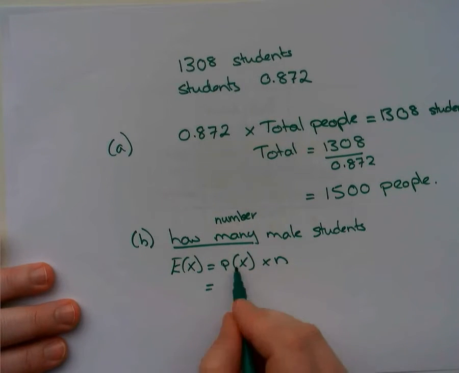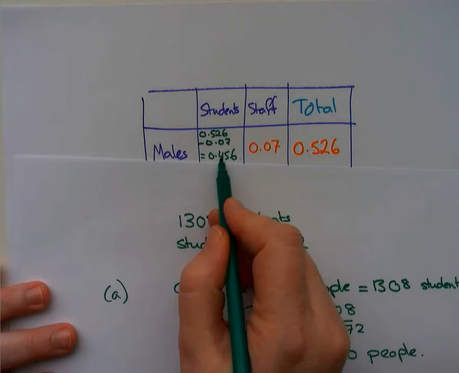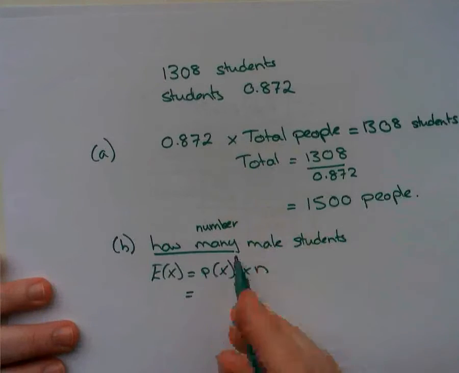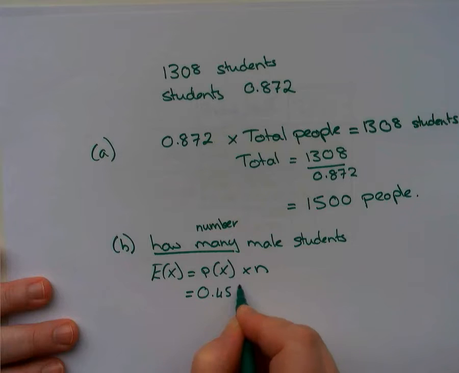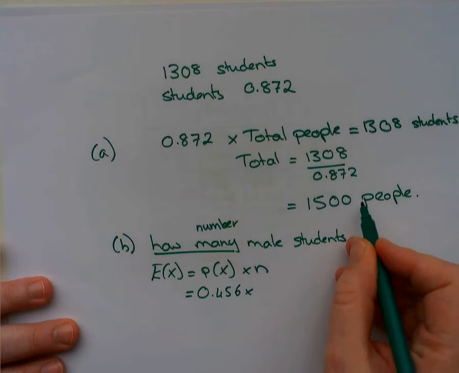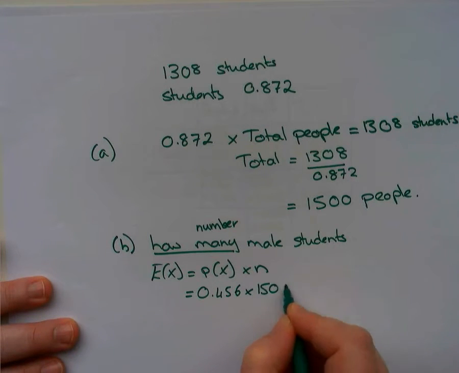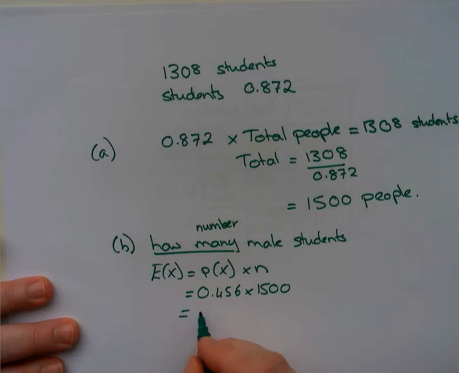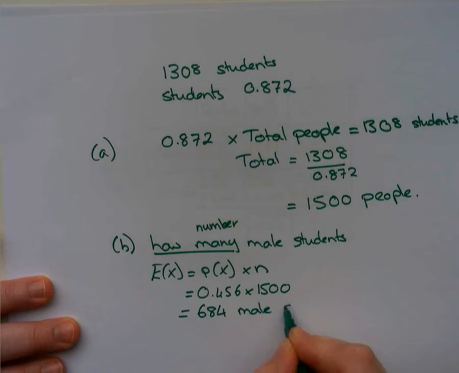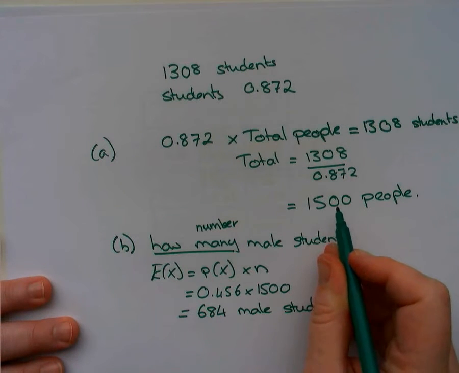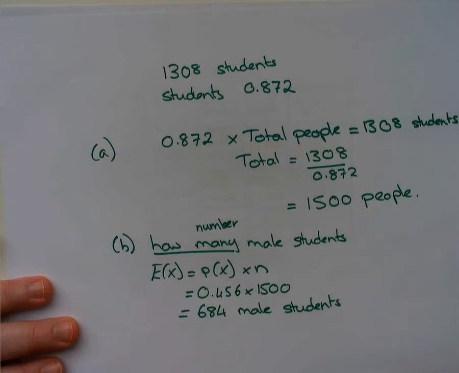The probability of being a male student is 0.456. So 0.456 times the total of 1,500 people at the school tells me there should be 684 male students from the 1,500 people at the school. 684 of them are male students.